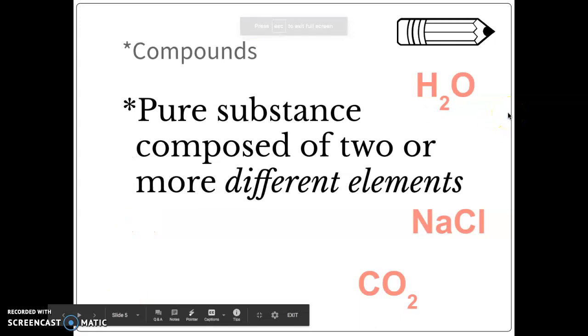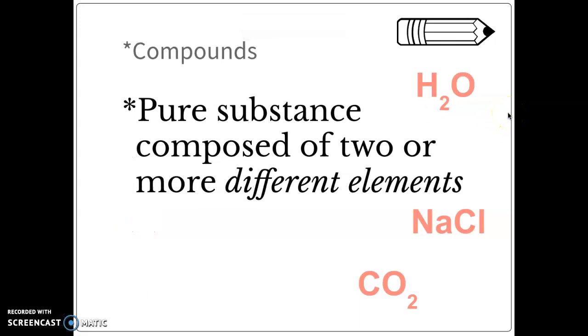Next up, compounds. This is a pure substance composed of two or more different elements. So in order to be considered a compound and not just a molecule, it has to have different types of elements bonded together. Take a second to think about, what is H2O? If you said water, you are correct. H2O is water.